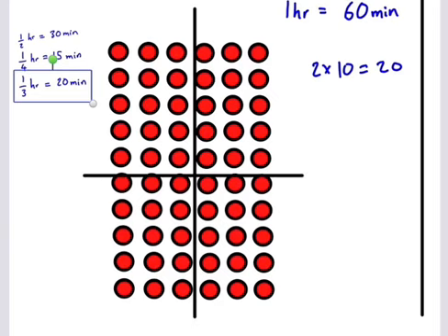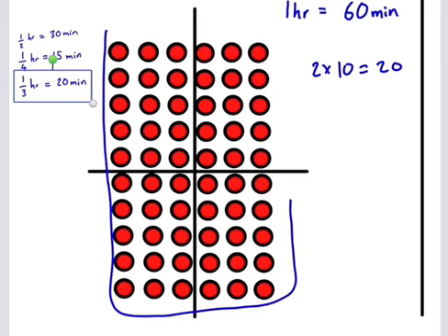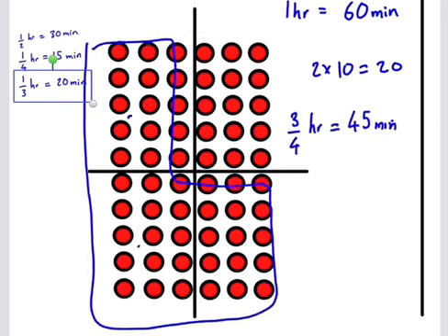If 1 quarter of an hour is 15 minutes, then 3 quarters of an hour is 15 and 15 and 15. 3 quarters of an hour is 45 minutes.